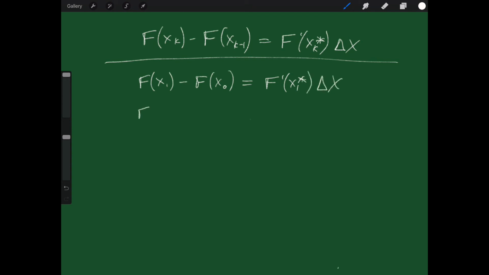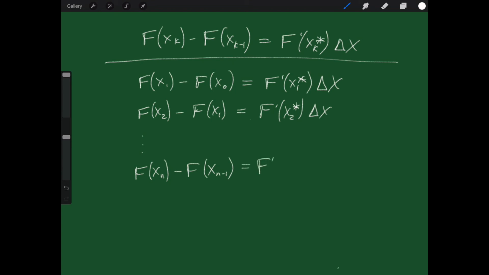I also get that F of x sub 2 minus F of x sub 1 is equal to f prime of x sub 2 star times delta x, and so on. And I get that F of x sub n minus F of x sub n minus 1 is equal to f prime of x sub n star times delta x.